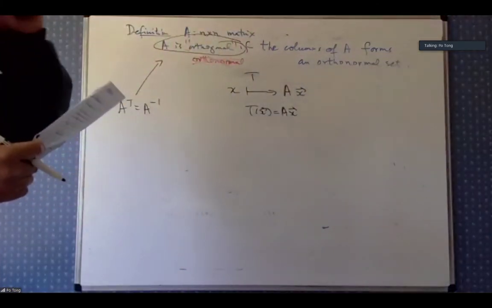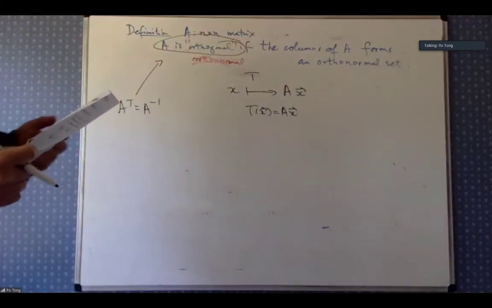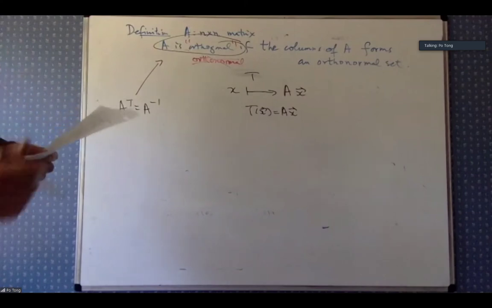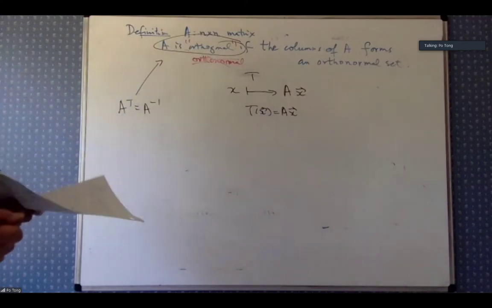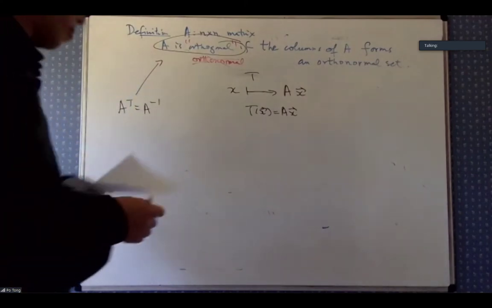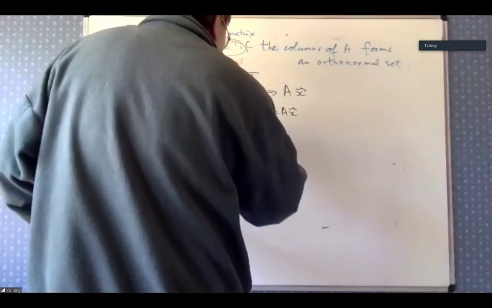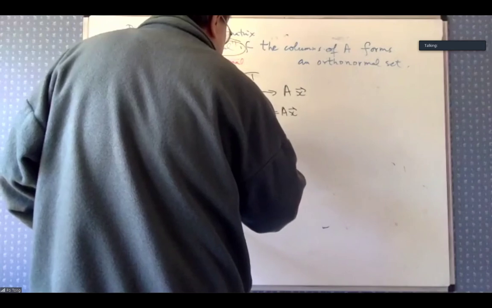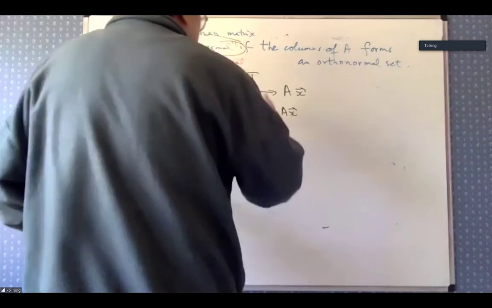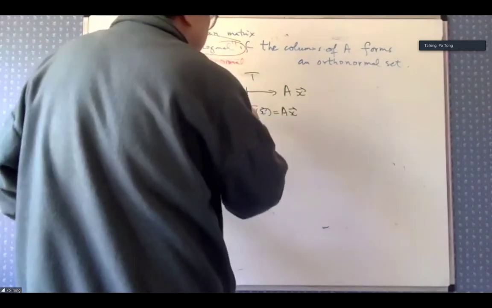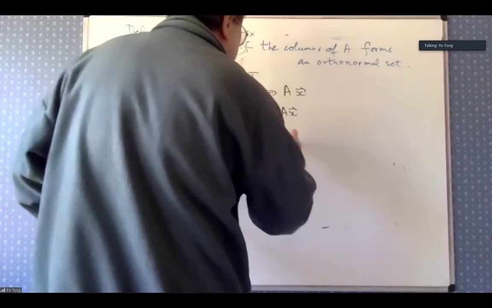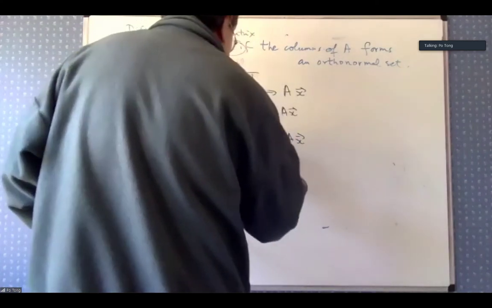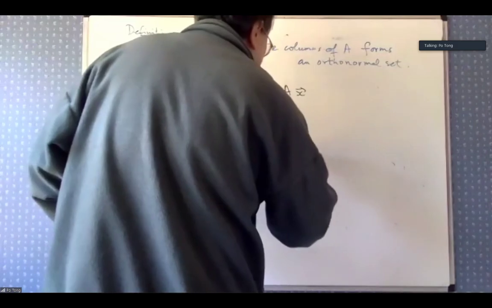Now, this linear transformation has a really nice property. You have an x here, you get Ax. You have y here, you get Ay.